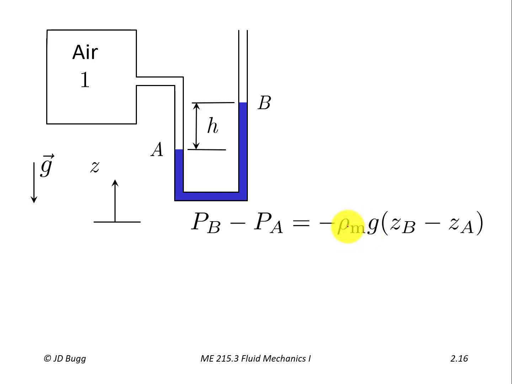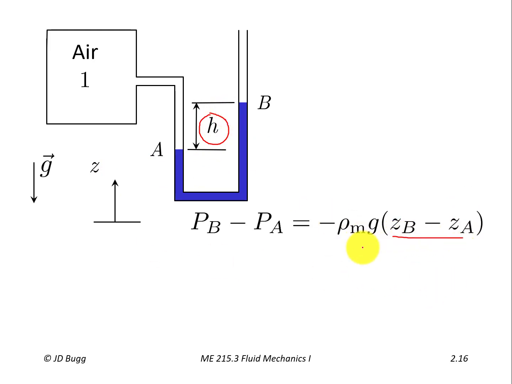Notice I have a subscript M on here to indicate that the proper density here is of this manometer fluid, this blue fluid, times g times z_B minus z_A. And of course, z_B minus z_A is just h. So we'll be able to eliminate that and put h in here.